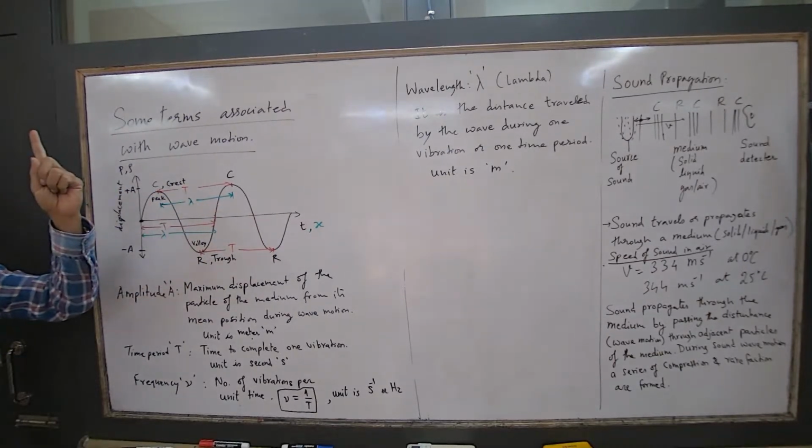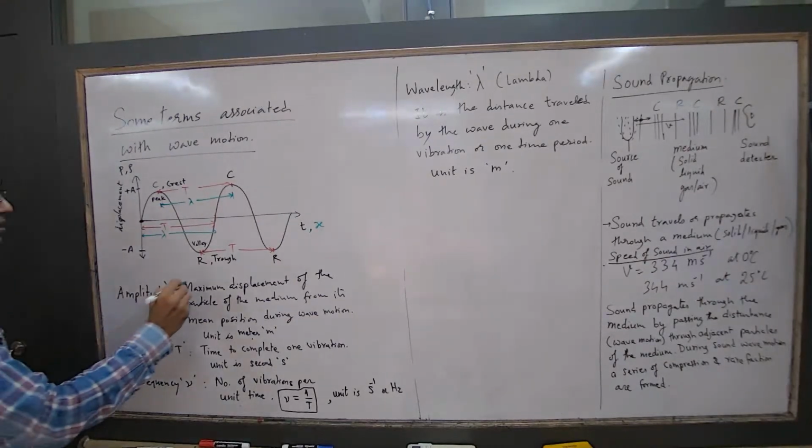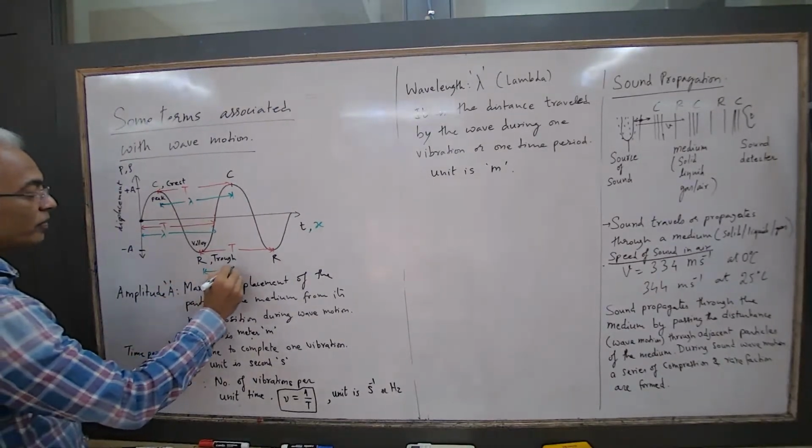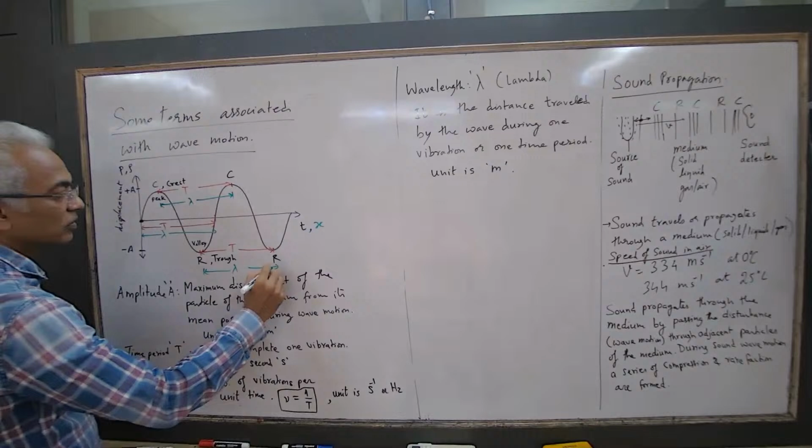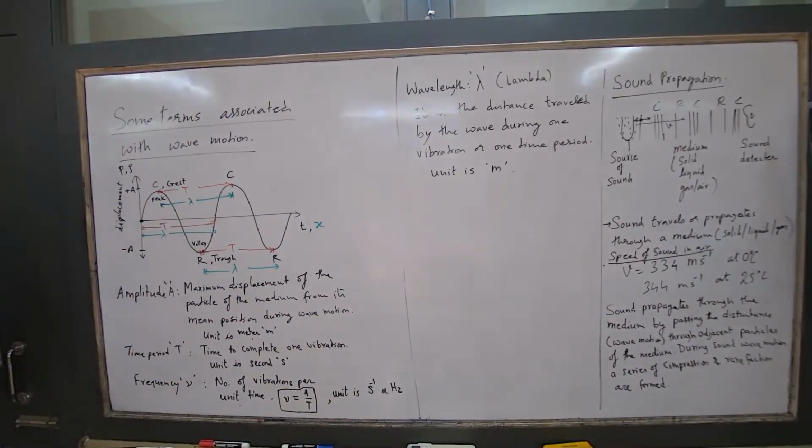One wavelength. Okay. Likewise here also, it travels one wavelength between two consecutive rarefactions. So whatever time it takes for two rarefactions to form, in that time, one time period, one vibration is completed.